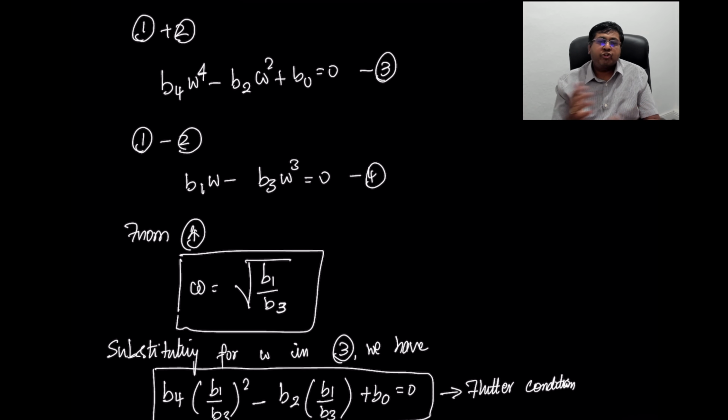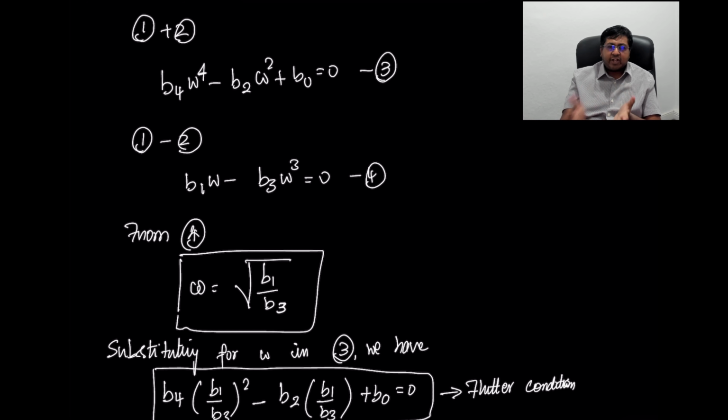Another approach that you can always take, as we saw earlier, is to look at the Routh-Hurwitz stability criteria that we have already done. One of the things that we have done so far is assume that there's no gust or any kind of unsteady aerodynamics coming into the picture. Once we have unsteady aerodynamics, we also need to consider other complications that come into the lift calculations.